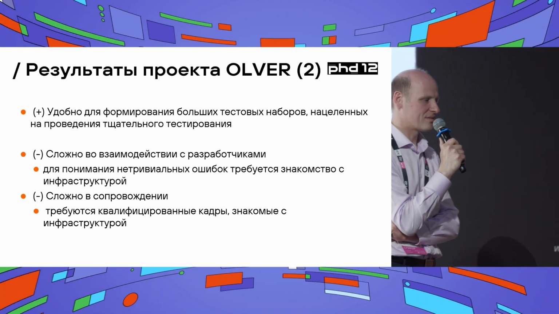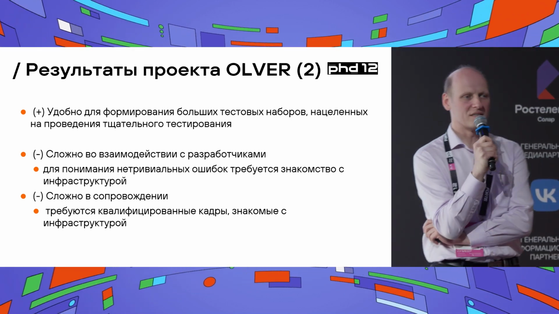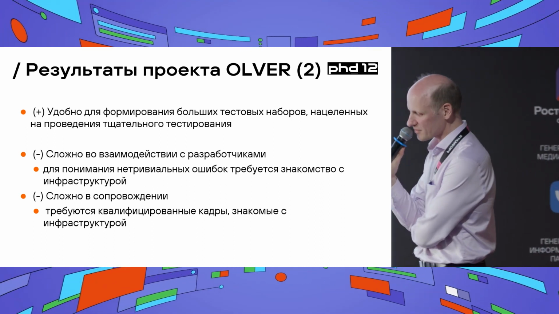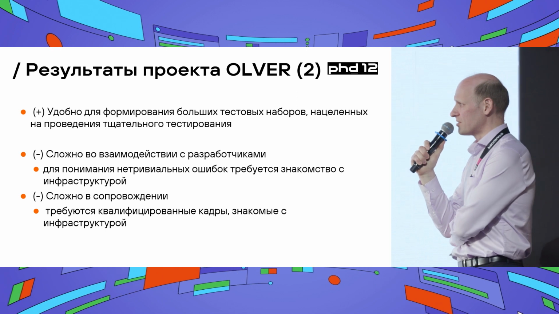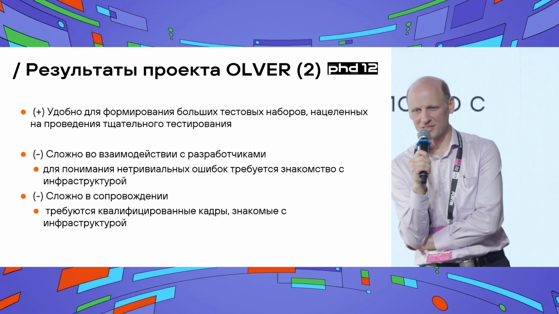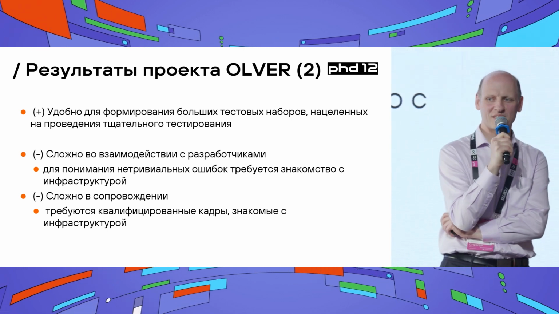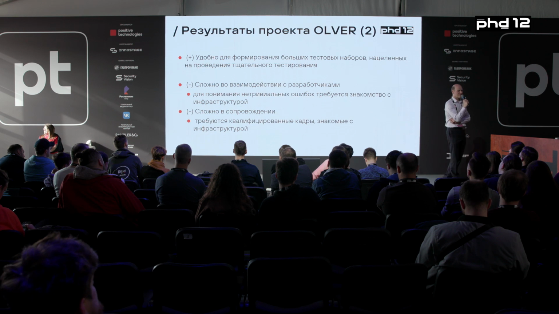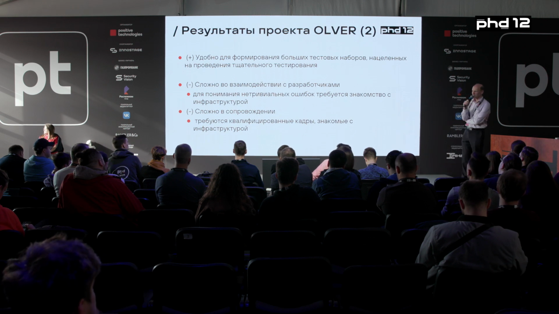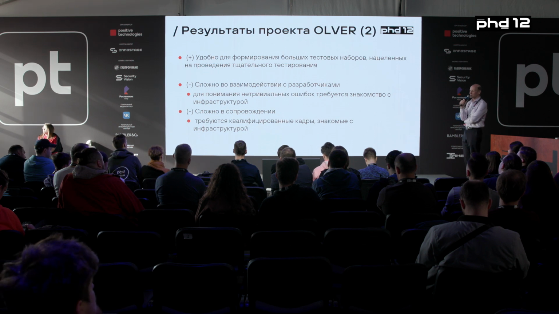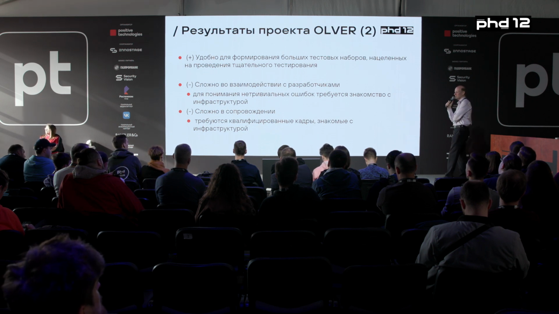Testing that aims at investigating thoroughly a particular code. This approach turned out to be quite useful, but it turns out that it's difficult to work with developers if you give them this distributed structure test and show them that there's a crash.